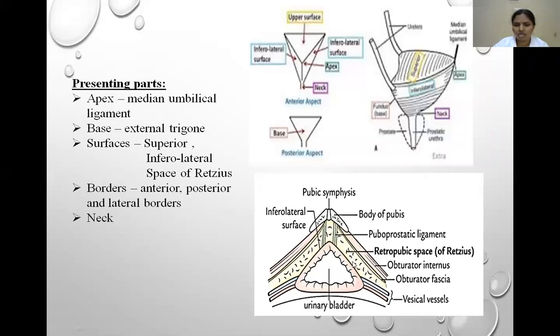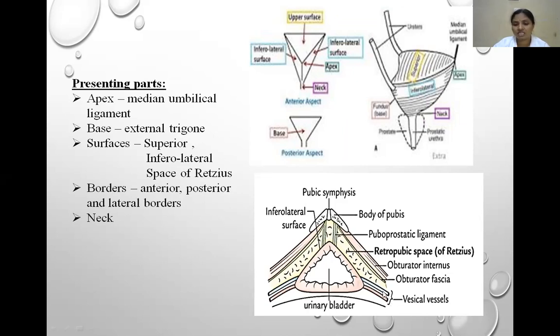Then a few veins pass backwards and through the sacral foramina enter the paravertebral veins, which are known as Batson's plexus. Within the vertebral column, on either side, paravertebral venous plexus are there. So some veins may communicate with the paravertebral venous plexus.